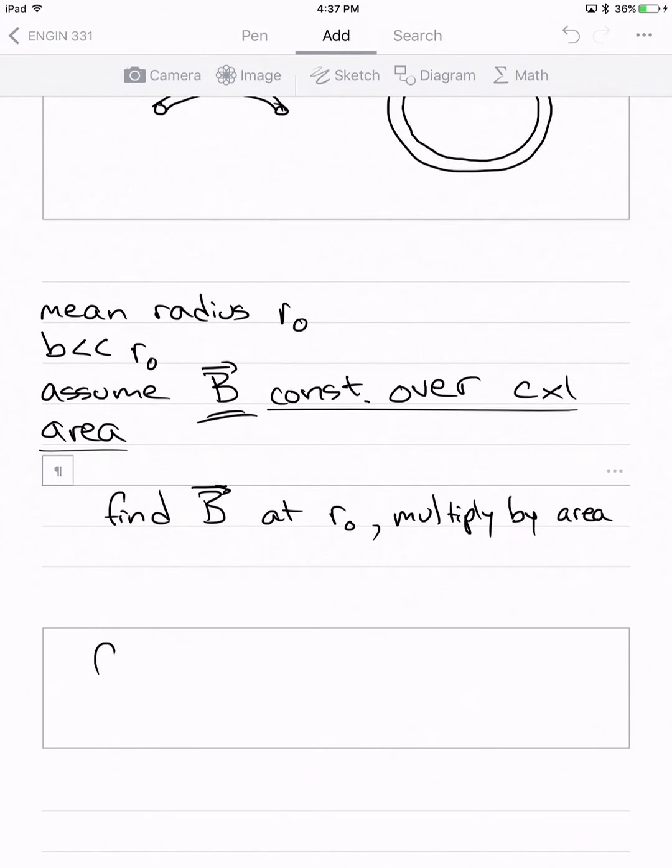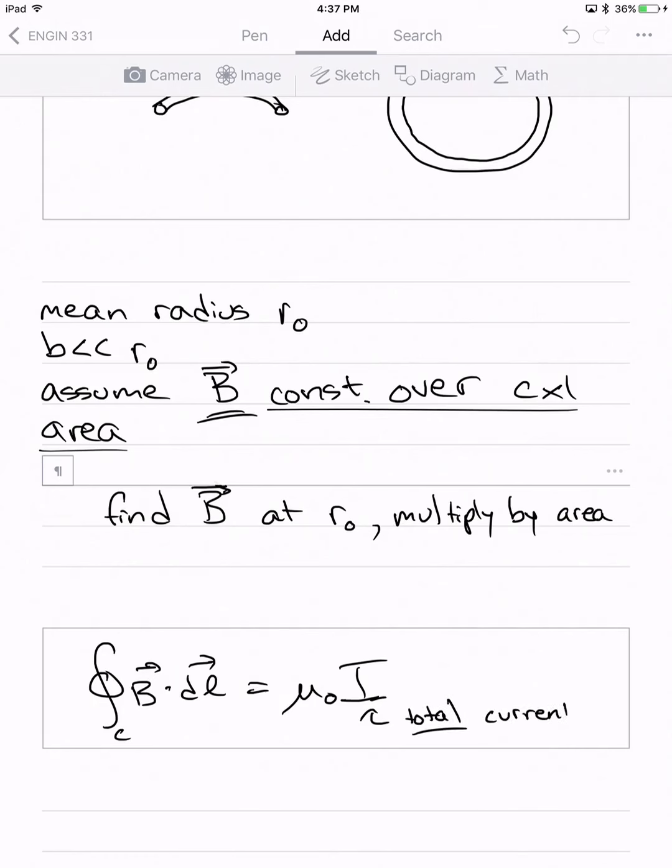So I'm still going to write down this contour integral of B dot dl is equal to the total current passing through the cross-sectional area defined by that contour. That's total current. In fact, I'm going to denote this I sub t so you don't get confused and think this is just the current carried by the wire.